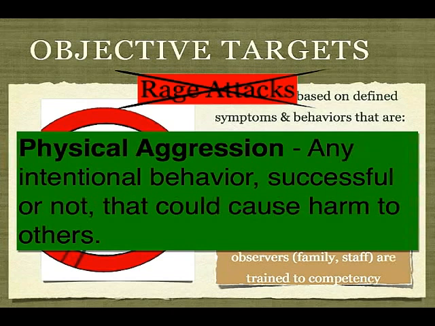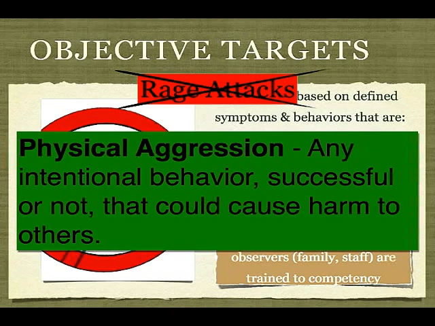The first part, any intentional behavior, and this is what we do when we're going through and training folks to competency. Intentional behavior means it's something the person clearly meant to do. It's the difference between swinging at you and hitting you as opposed to bumping you in the shoulder, passing you in the hallway. Right? The second one is accidental. It's not intentional. Any intentional behavior, successful or not.